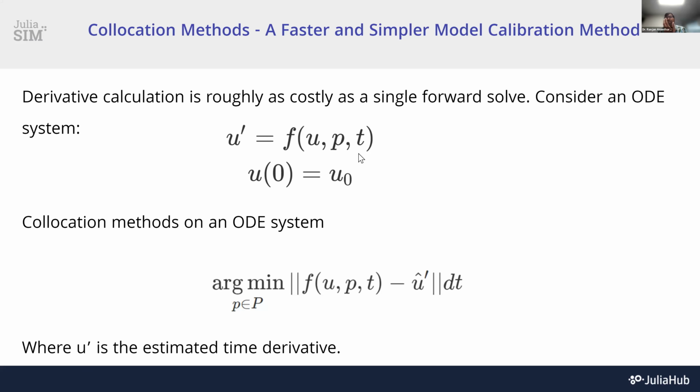So what exactly is a collocation method? You capture this right hand side function, the time derivative function f, by using an estimate of the time derivative from the data, right? And of course, you would then find the parameter that matches this f to the estimate that's coming from the data.